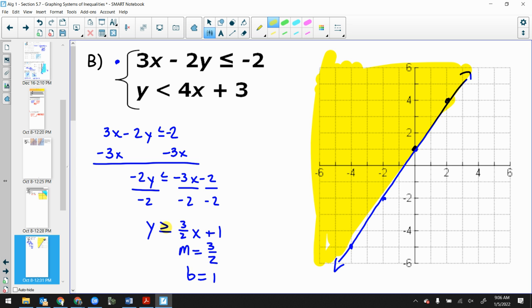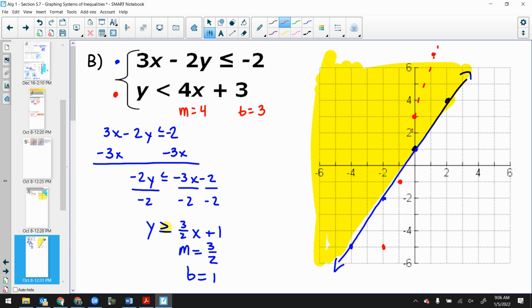Now I graph my second line. The slope is 4. The y-intercept is 3. I plot my 3 here, and my slope is 4. Okay, I'm off the graph there, but that's okay. I go down 4, left 1.